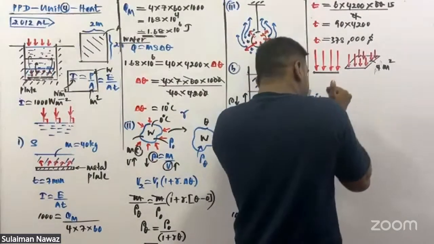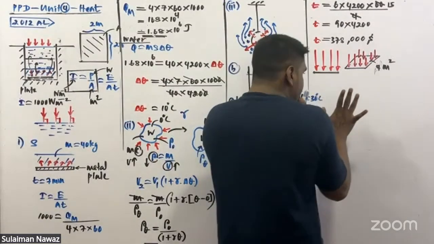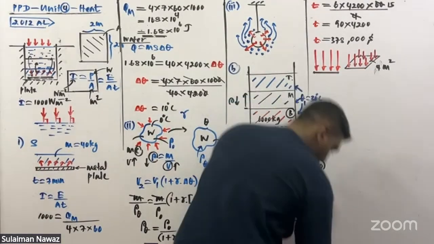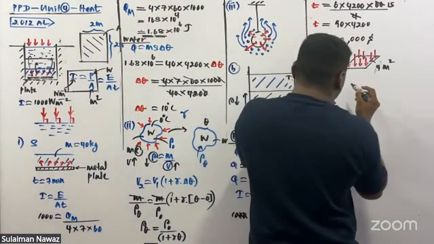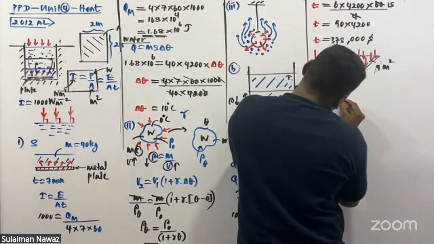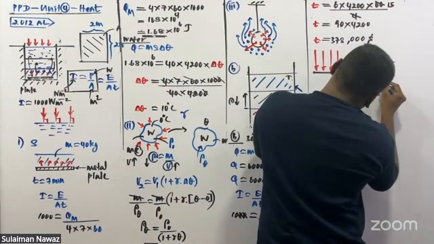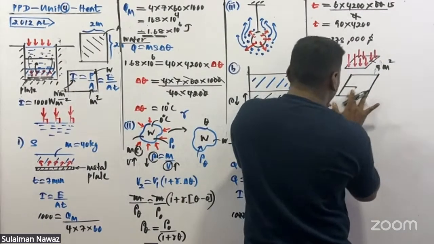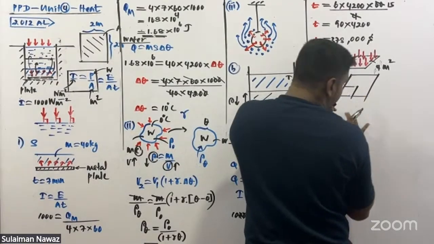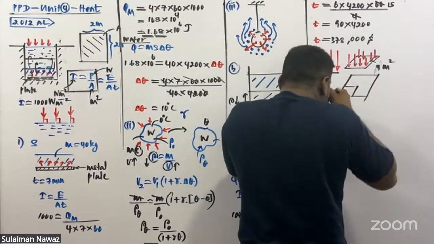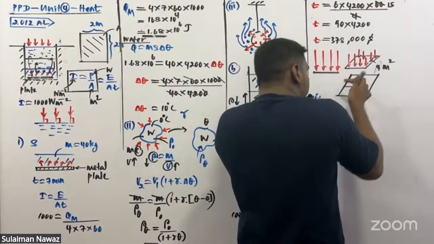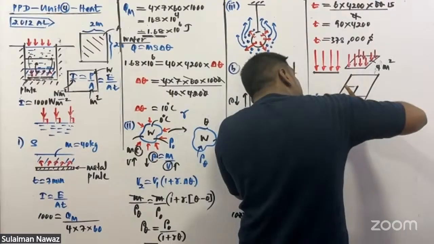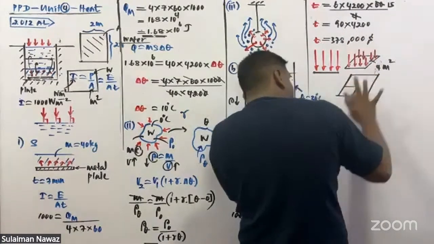What does intensity of solar radiation mean? The idea is per 1 meter squared of area. The metal plate's total surface area is 4 meters squared, and throughout this surface area solar radiation is incident.